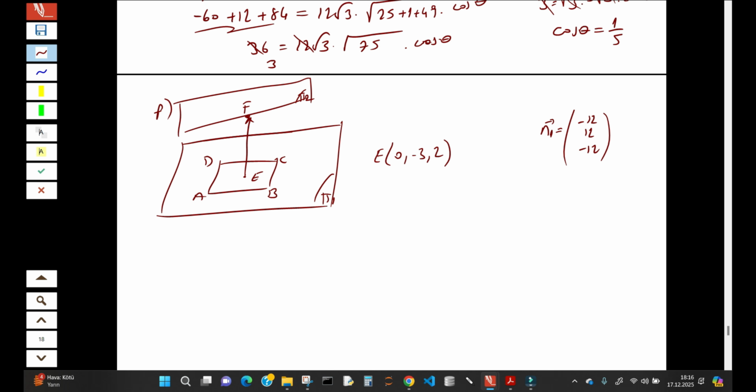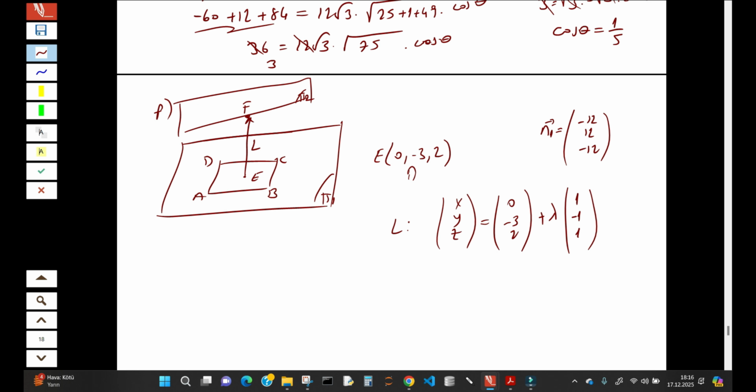Let's call the equation of L: since the point is on the line, we can use that one in this case. x, y, z equals 0, minus 3, 2 plus lambda times, since minus 12 is the common factor of all these numbers, I will divide all of these components by minus 12. So it will be 1, minus 1, and 1.